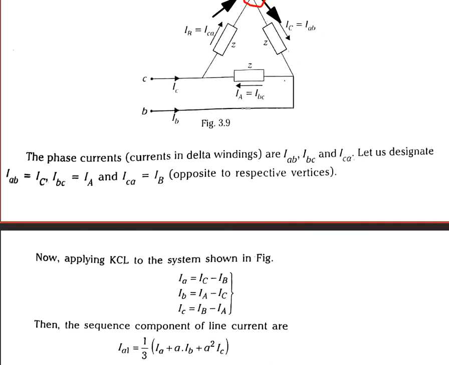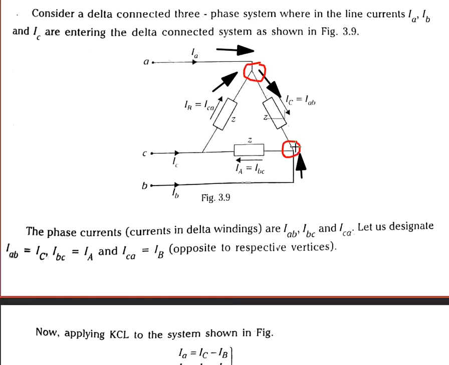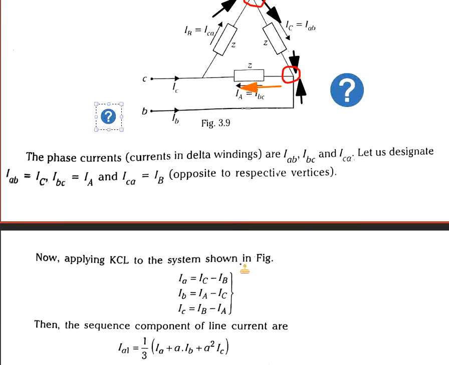Similarly, find out Ib. One more current is coming here, and the other is the outgoing current. Give the relation for Ib.